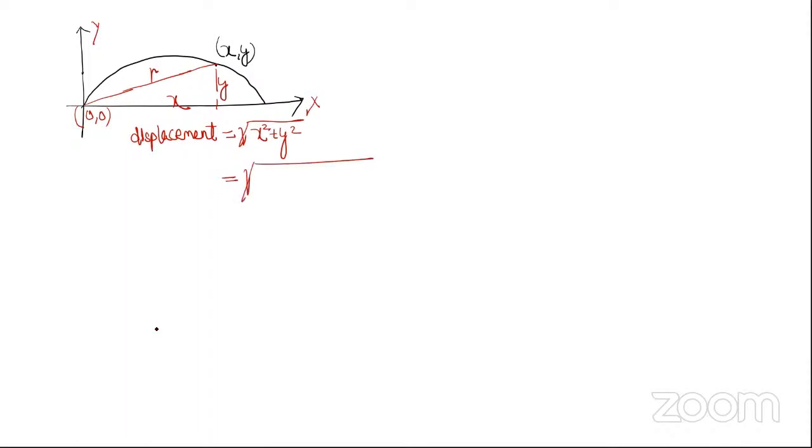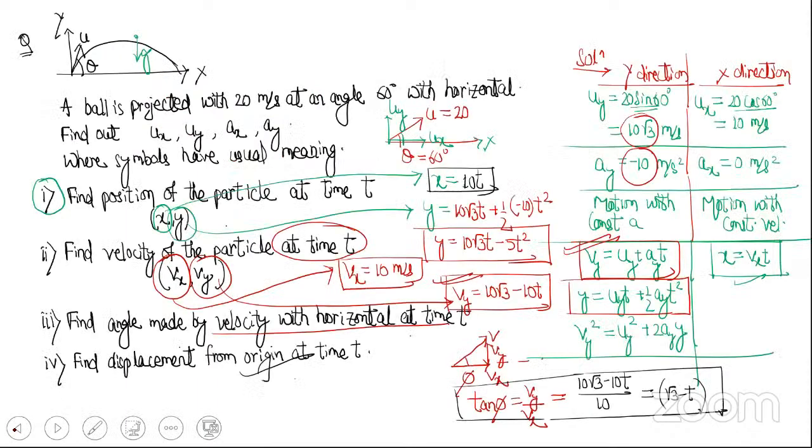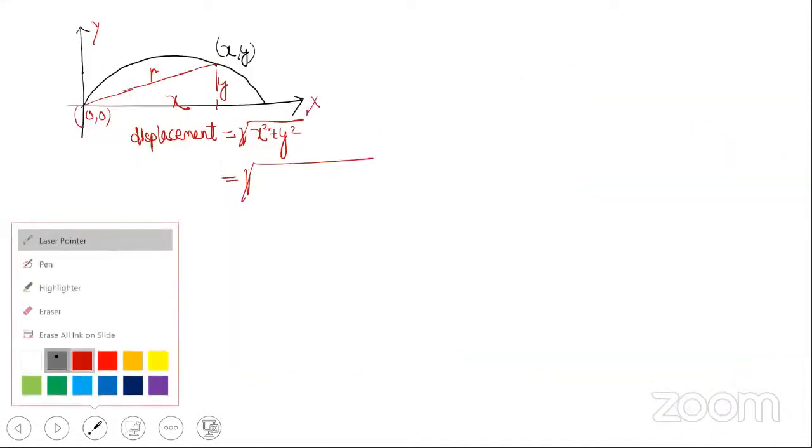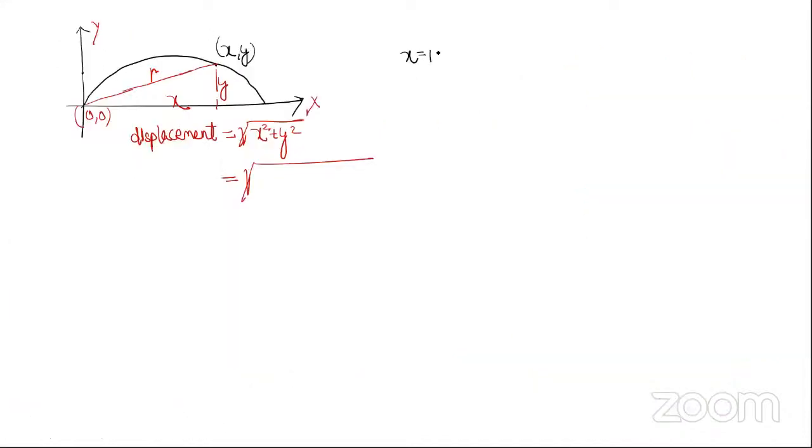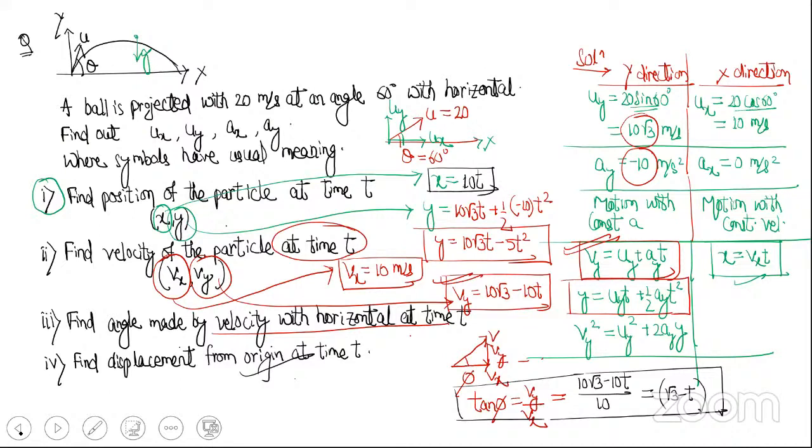So x and y we have already found. Put the values. Here it is x, 10t, and here it is y, 10 root 3t minus 5t square. So we have got x equal to 10t, and y equal to 10 root 3t minus 5t square.